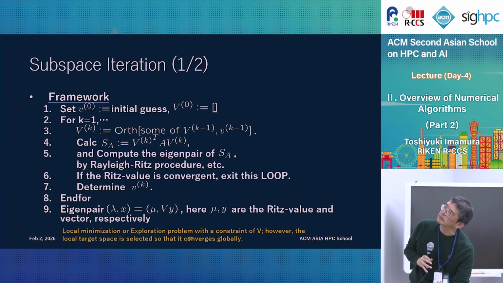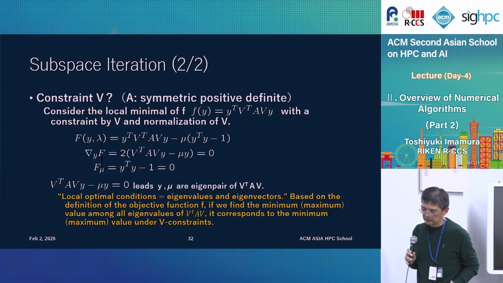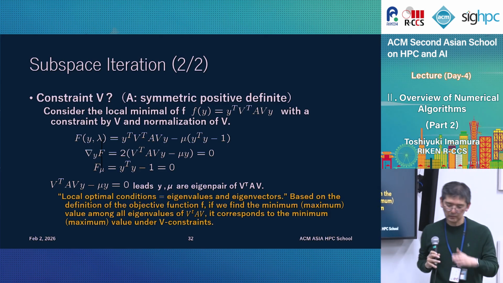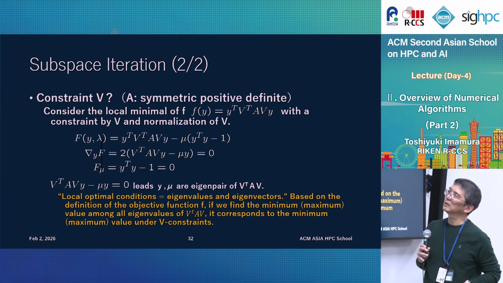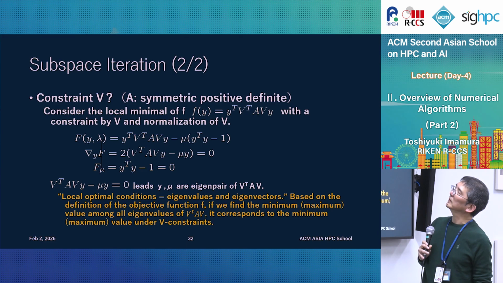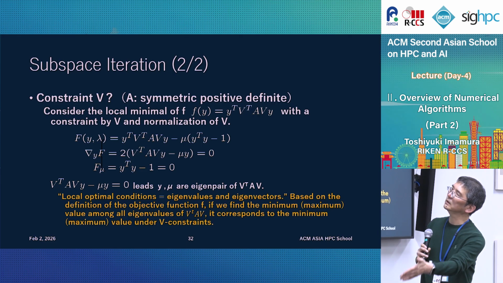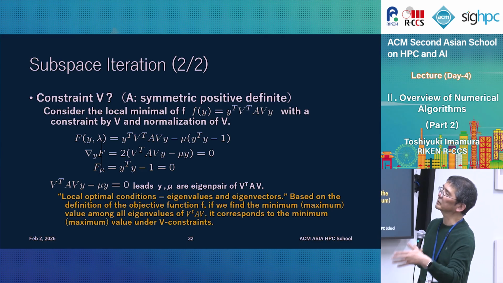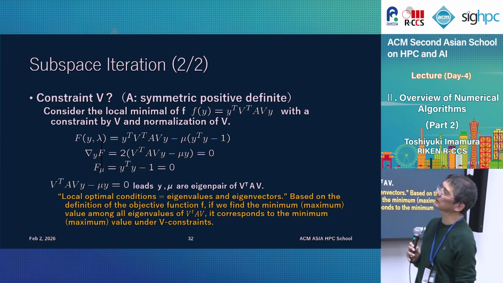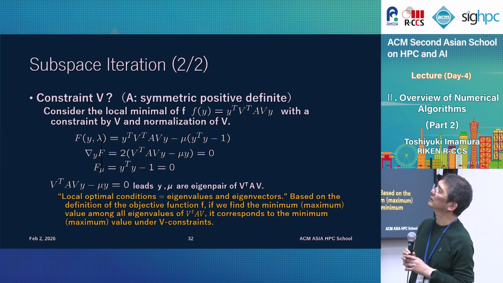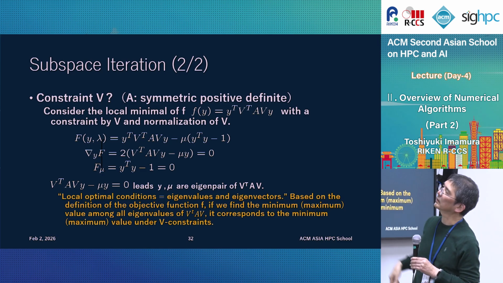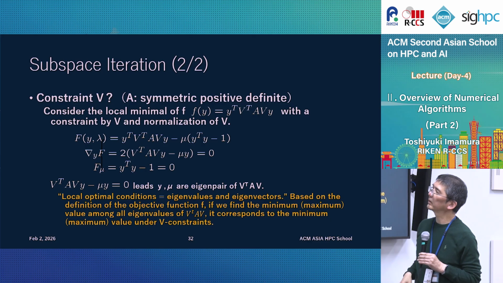So capital V, and this step 3, step 4, we have mathematically defined the Rayleigh-Ritz or subspace projected matrix problem, and this is a constraint to some minimum or approximation problem.